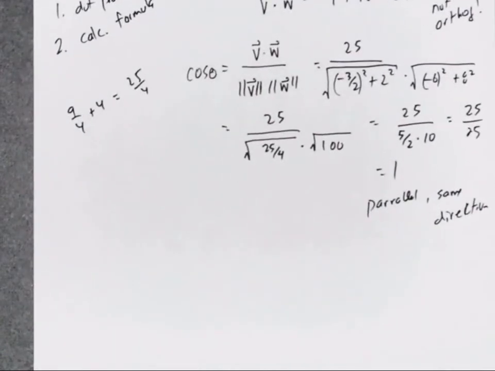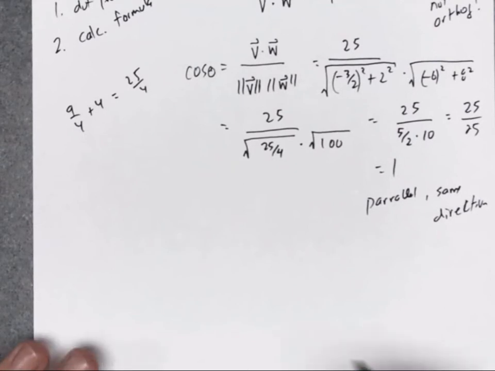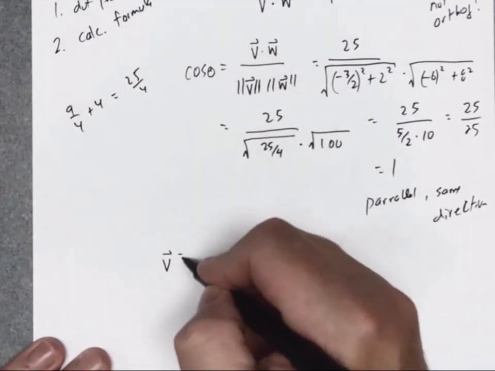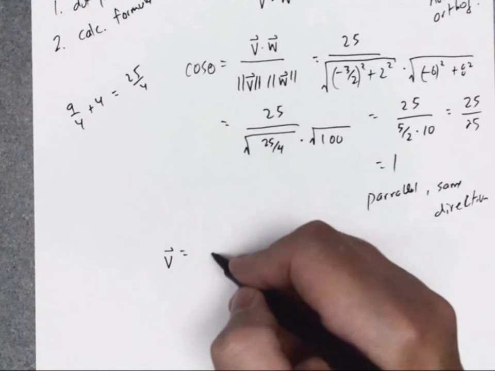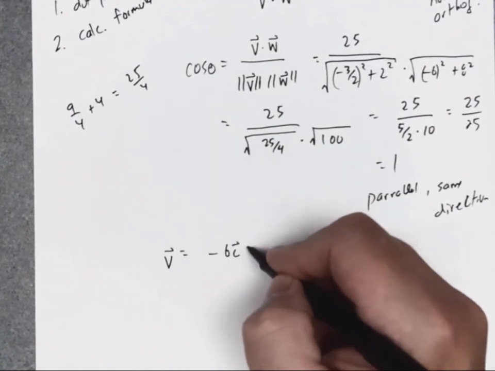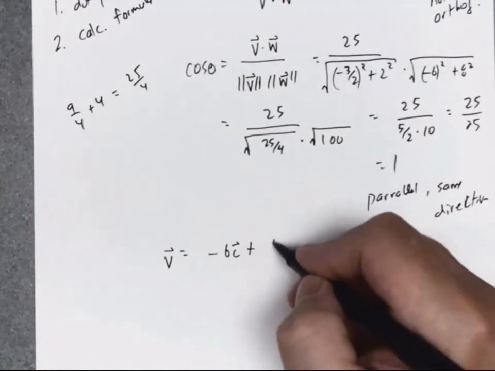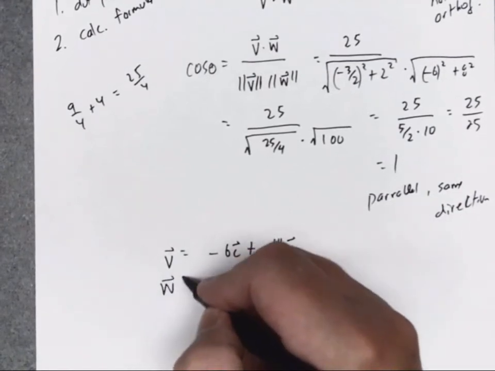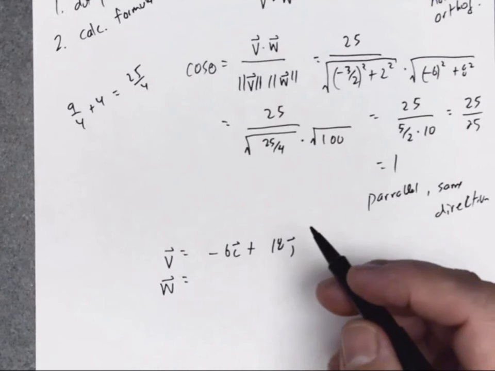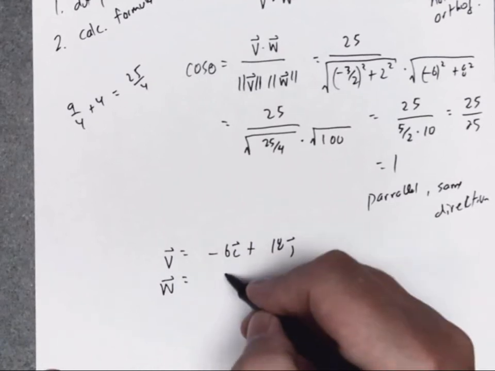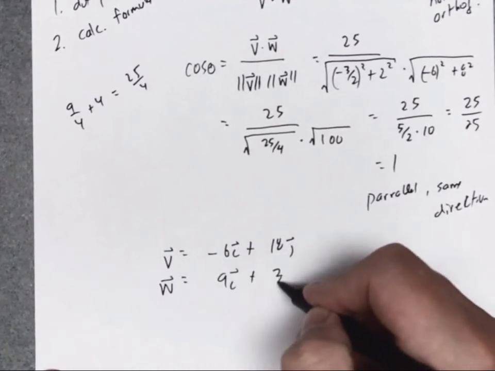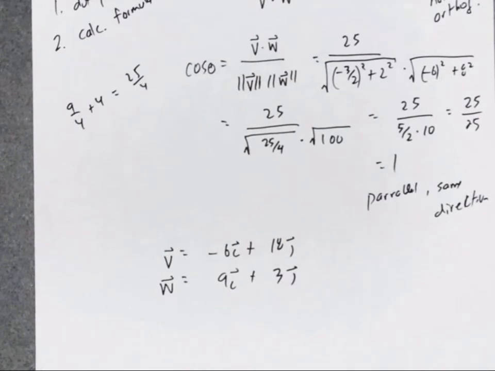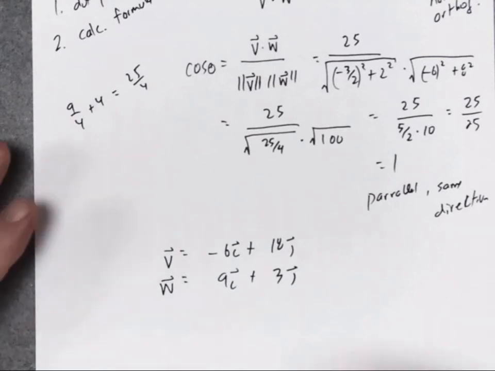Let's do one more. How about vector V? -6i plus 18j. Vector W, 9i plus 3j. And we're asked, are these two vectors orthogonal, parallel, or neither?